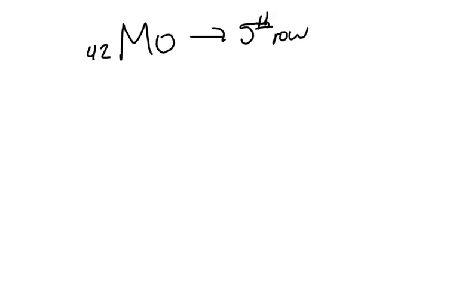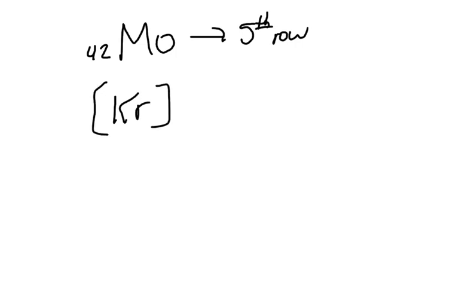This time let's try molybdenum. Molybdenum is 42. Molybdenum is in the 1, 2, 3, 4, it's also in the 5th row. So once again, I'm going to use krypton.